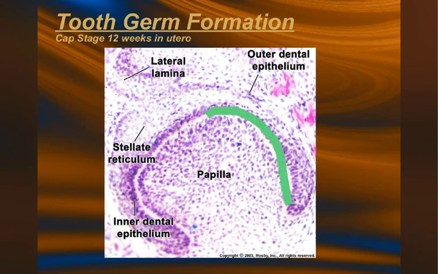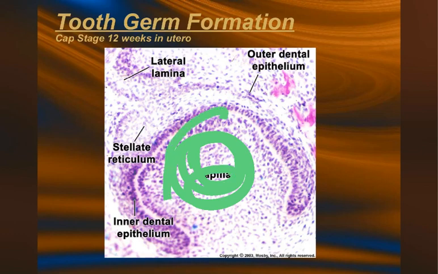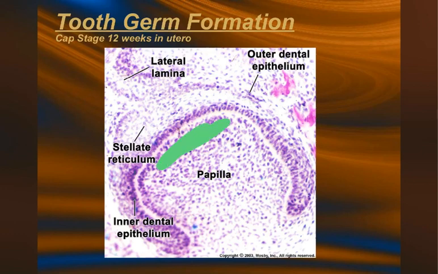And notice that we have between them a cell-free zone. I mean, there is a lot of interaction going on between the internal enamel epithelium and the underlying cells of the papilla. These cells, the underlying cells of the papilla, will become odontoblasts, and the cells of the internal enamel epithelium will become later on ameloblasts. Odontoblasts secrete dentine, ameloblasts secrete enamel.